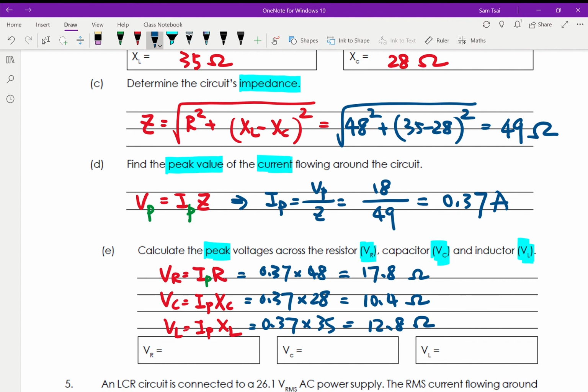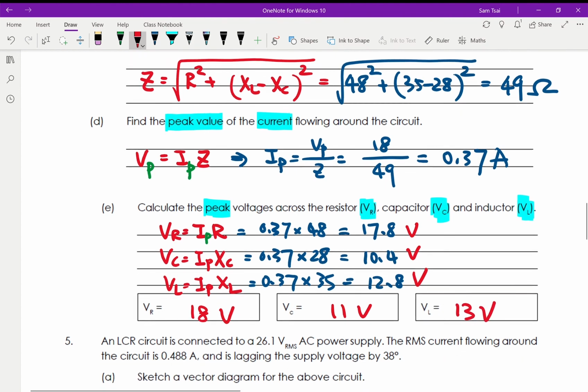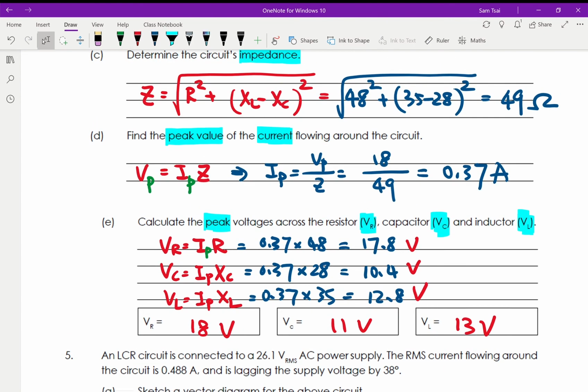You can round them to two significant figures: VR is 18 volts, VC is 11 volts, and VL is 13 volts. The unit is volts, not ohms. So this is the example where we put everything together.